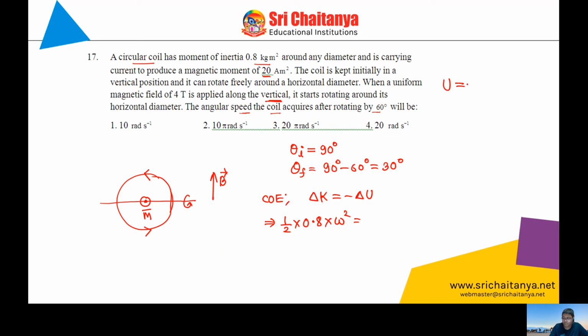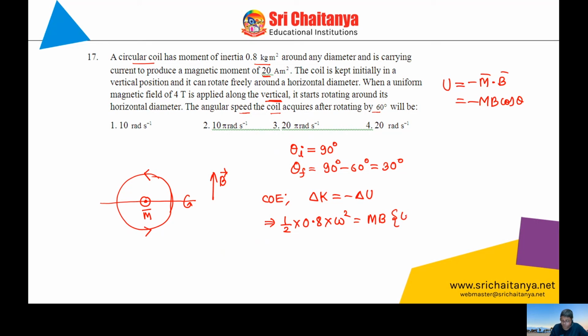U, you know the formula, is nothing but minus m dot b, or you can say minus mb cos theta. So delta U will be equal to U f minus U i, and taking the negative of that, minus minus plus, it will be simply mb into cos theta f minus cos theta i.